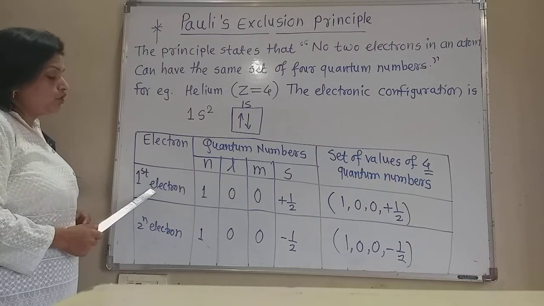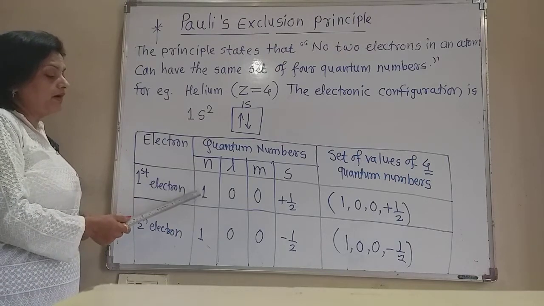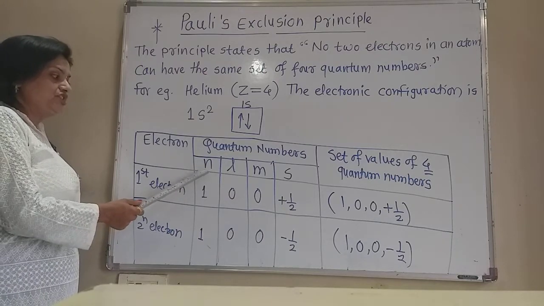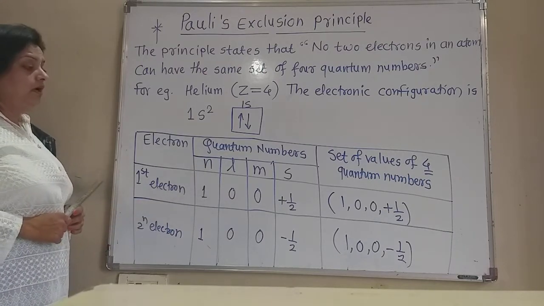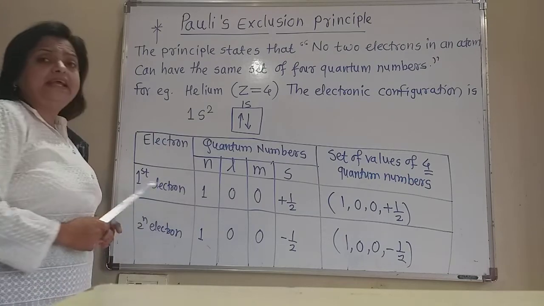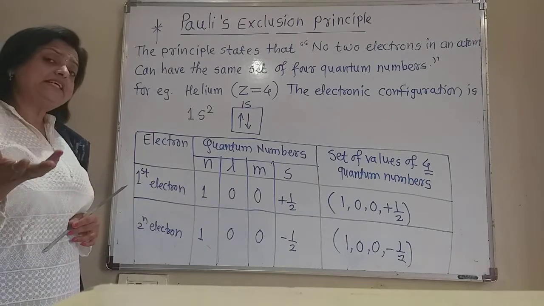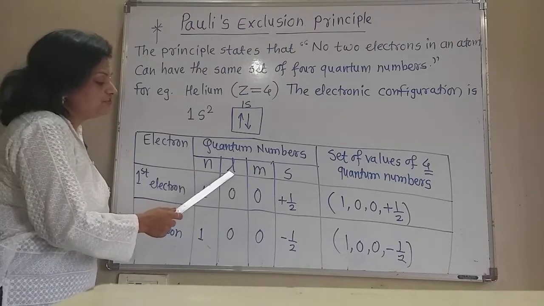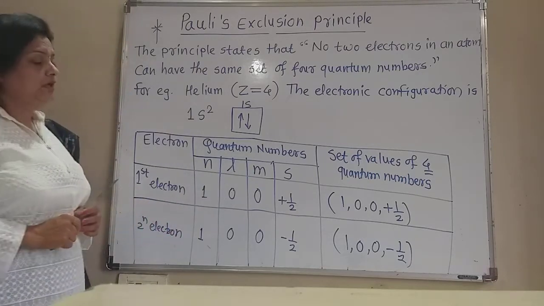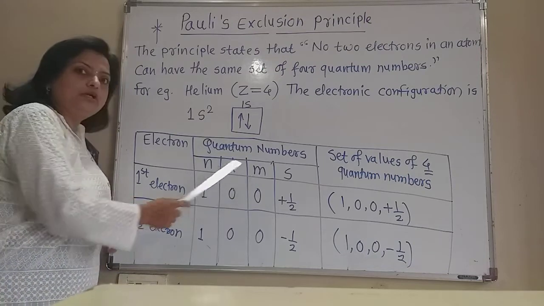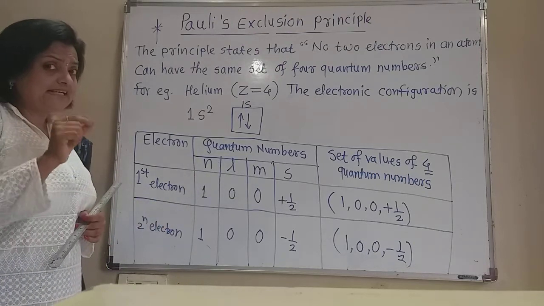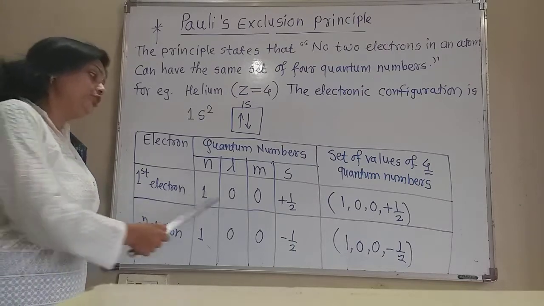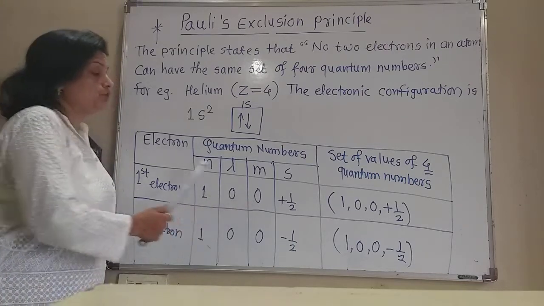For the first electron, the principal quantum number n is equal to 1. As n is equal to 1, l is calculated as n minus 1, so 1 minus 1 is 0. So l is equal to 0. And m is calculated from minus l to plus l. As l is 0, m is also 0.